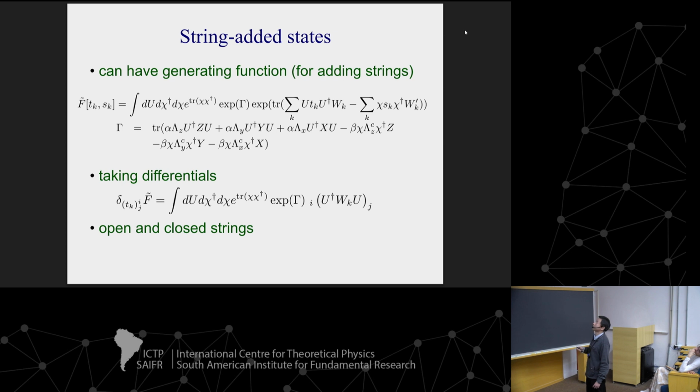And in that special case, you can pull the t_K in front and take the trace of W. And that includes the closed string as a special case. Hence, we can study various configurations of the strings.